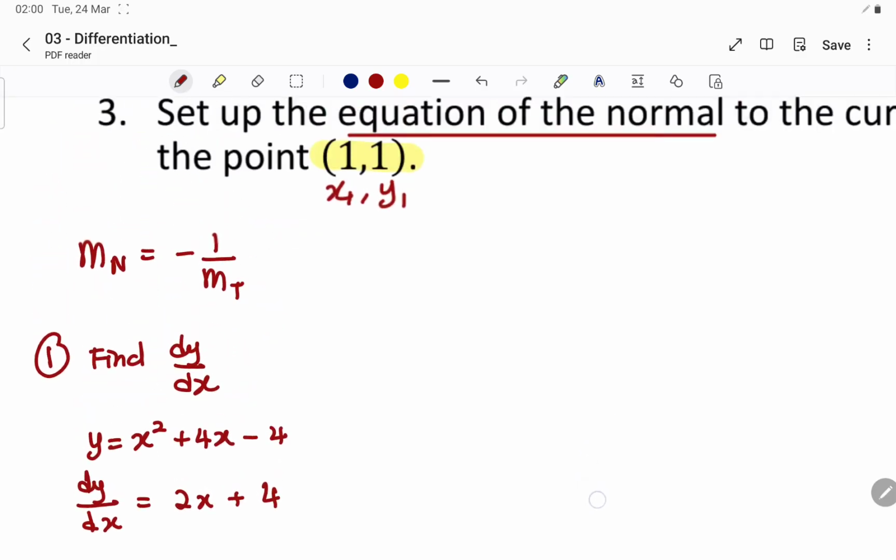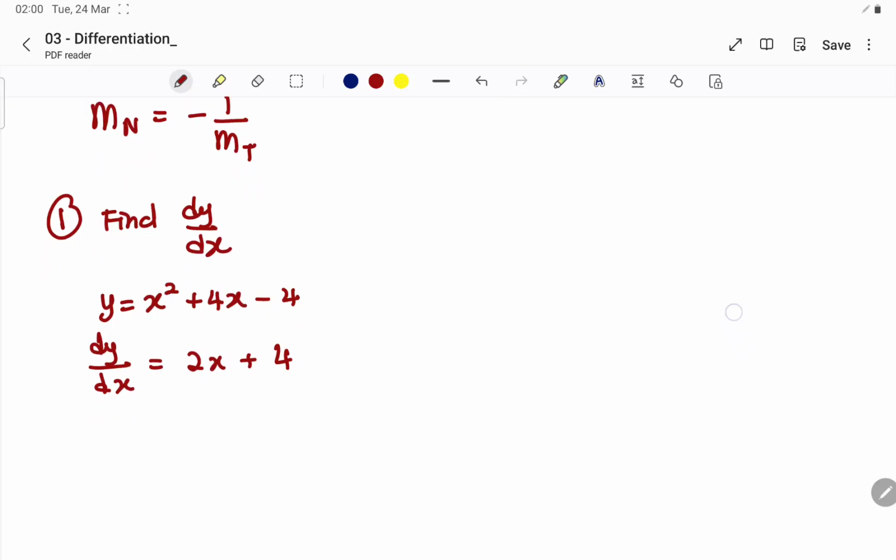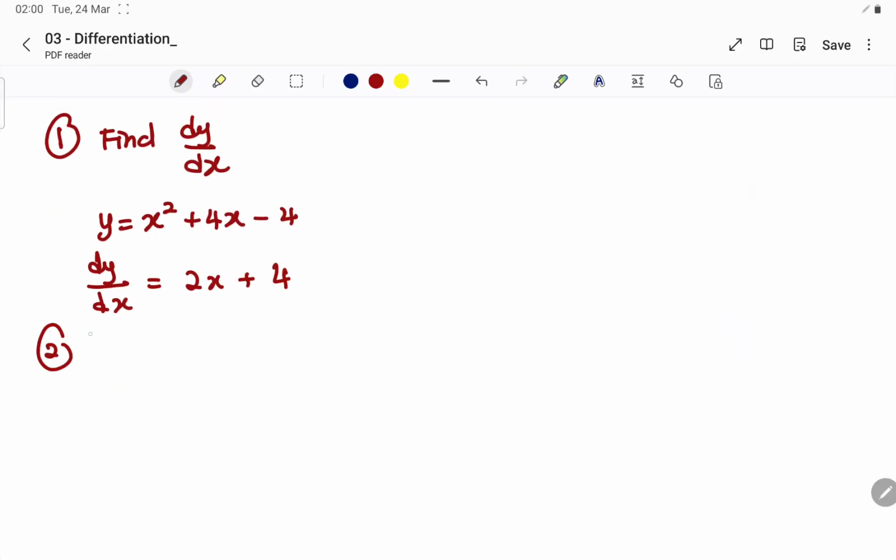Now, you have point (1, 1). So the second step is, use the point (1, 1) just now. You substitute x1 equals 1, this guy is your x1, into the dy/dx that you have.